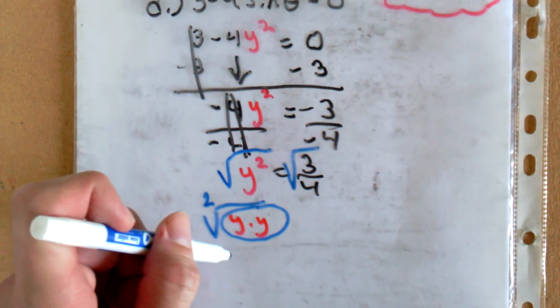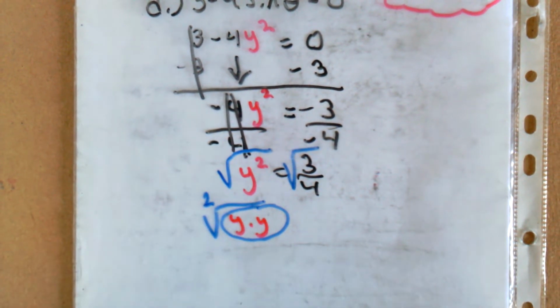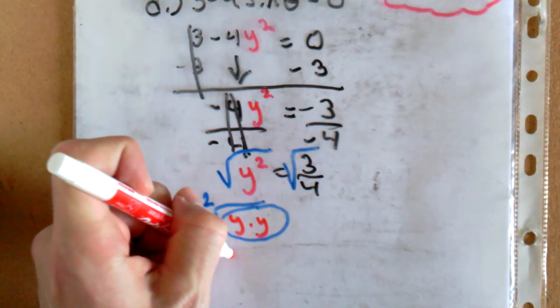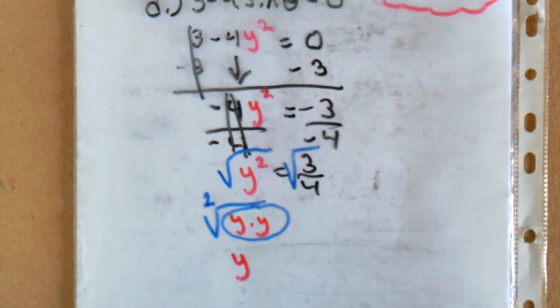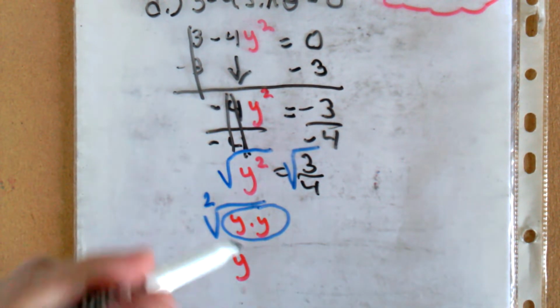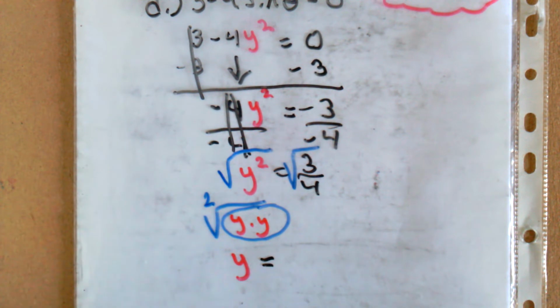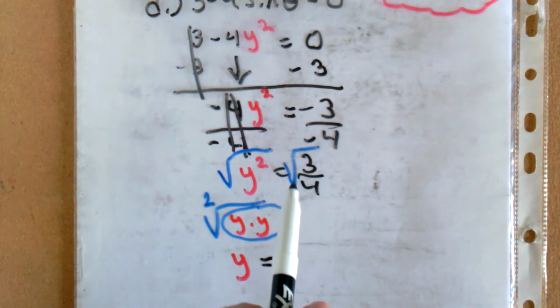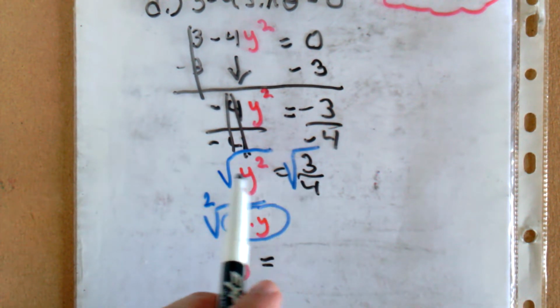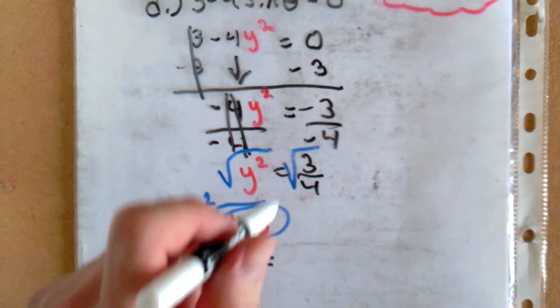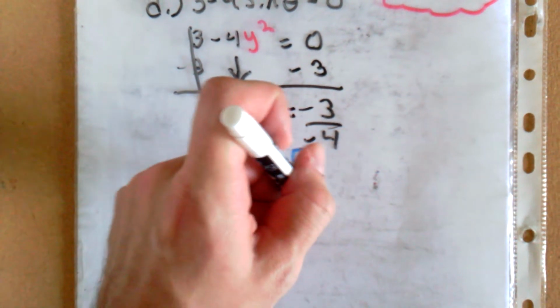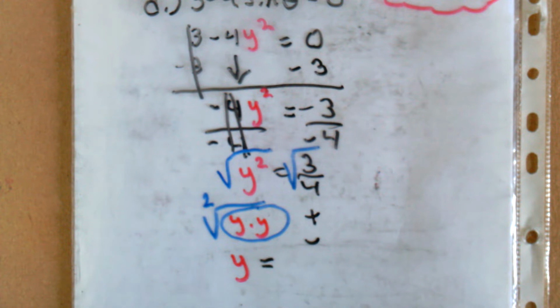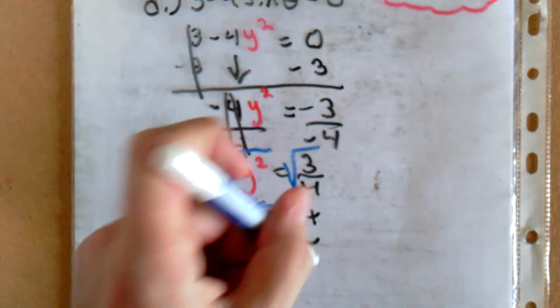That tells us that y comes out of the square root as just a single y. So y equals, remember when we're taking the square root of a number, when we're solving for a squared variable, that number will be plus and minus the square root of 3 over 4.